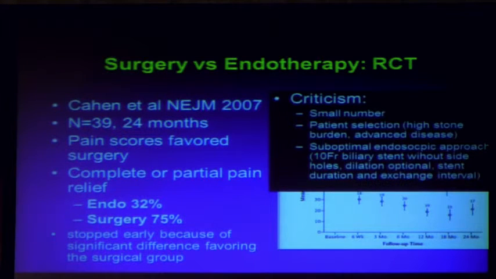And their endoscopic approach, although more aggressive, they combined it with lithotripsy, they combined it with dilation, although the dilation was optional. It was interesting, they placed a 10 French biliary stent as opposed to pancreatic stents, which, although there's never been direct comparisons, if you're not familiar, the biliary stents are just a straight tube with flanges. Pancreatic stents have side holes, and the pancreas, as we know, has side branches.